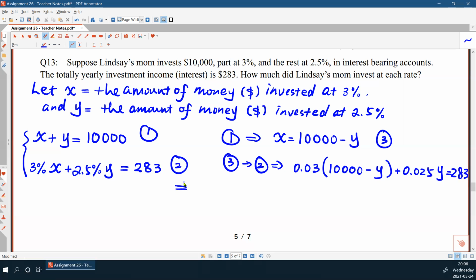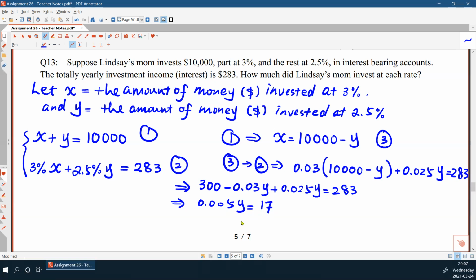Let's solve Y from here. So that means 300 minus 0.03Y plus 0.025Y equals 283, right? So that means 0.005Y equals 17, right?